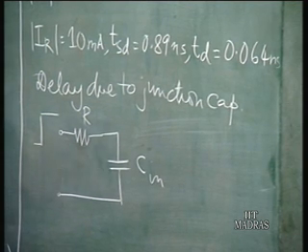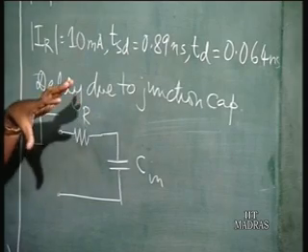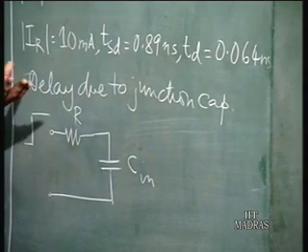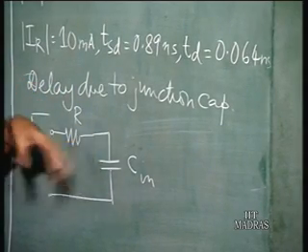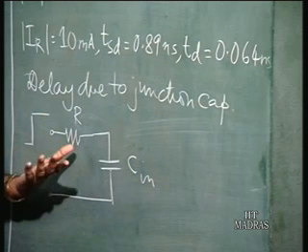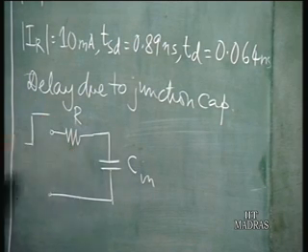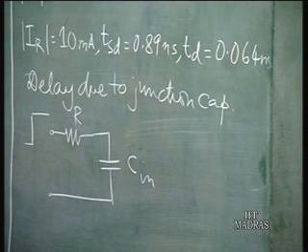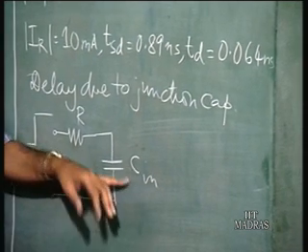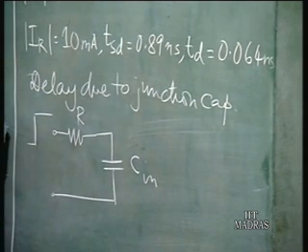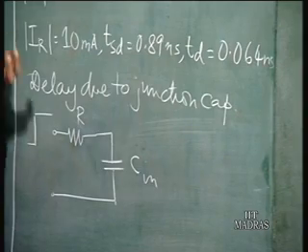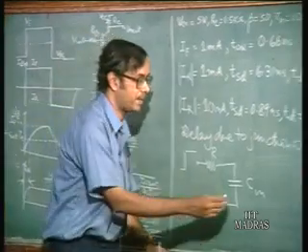It depends on the voltage across the capacitance, which makes it a very difficult problem to solve, because the capacitance itself is continuously changing. But to simplify the problem, we usually replace this input capacitance by an average capacitance, which we call C effective.